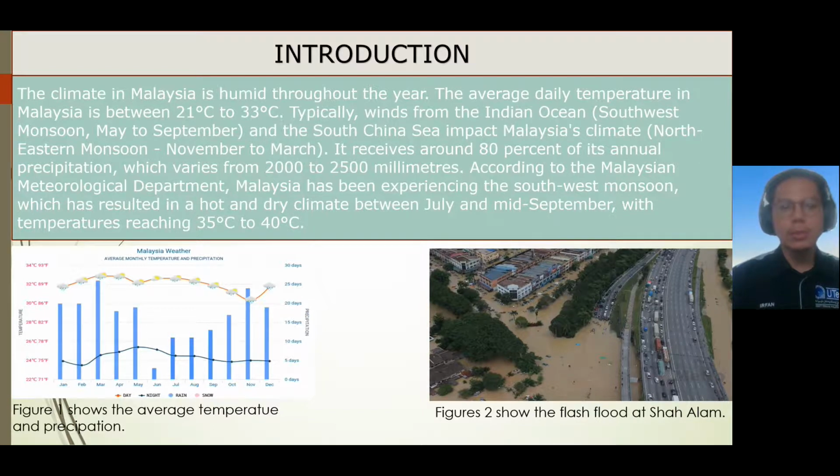2,000 to 2,500 millimeters. According to the Malaysia Meteorology Department, Malaysia has been experiencing the southwest monsoon, which has resulted in a hot and dry climate between July and mid-September, with the temperature reaching 35 Celsius to 45 Celsius.